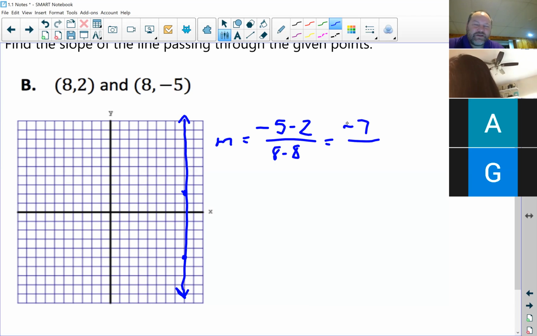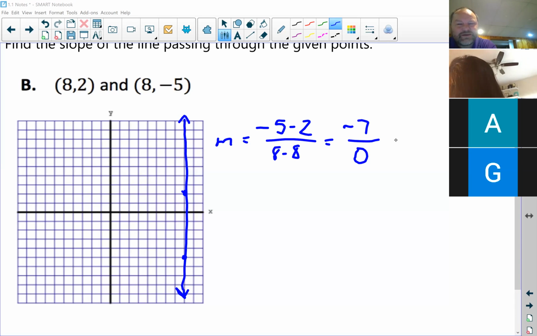What about 8 minus 8? Yep, exactly. That's 0. And when we have 0 in our denominator, what do we call that? We have a special name. Yes, exactly, Emily.